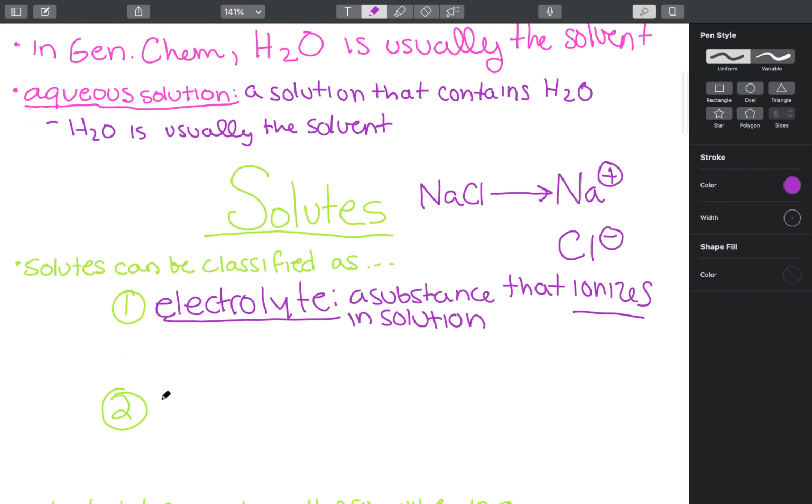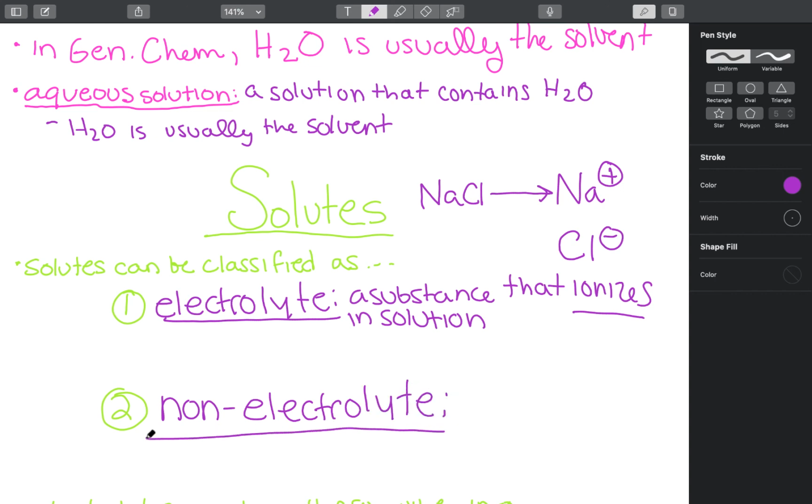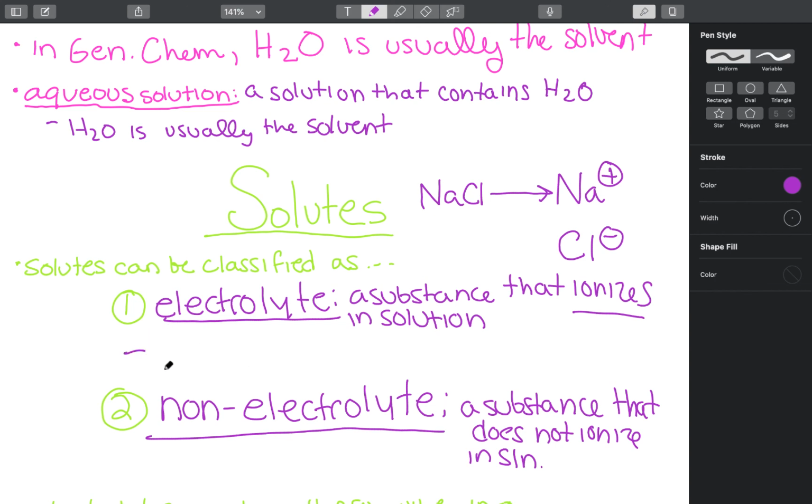So the second group are called non-electrolytes. A non-electrolyte is a substance that does not ionize in solution. As an example for both of these, one example of an electrolyte is sodium chloride.